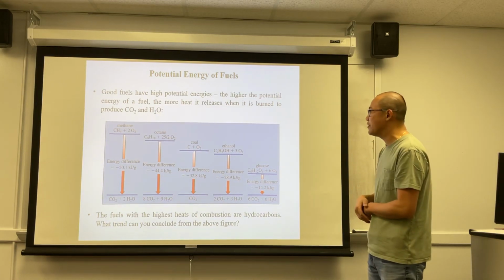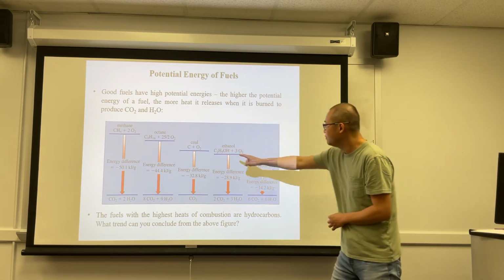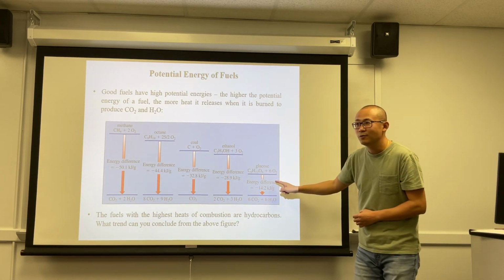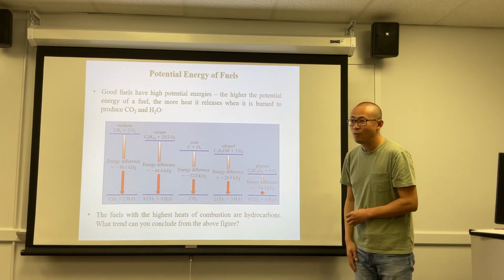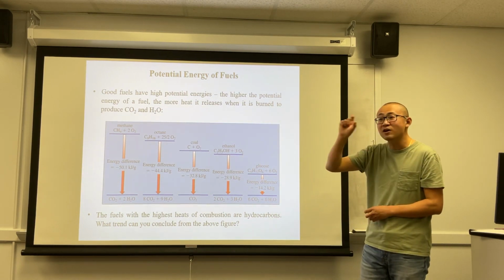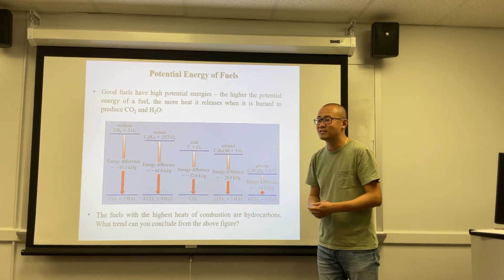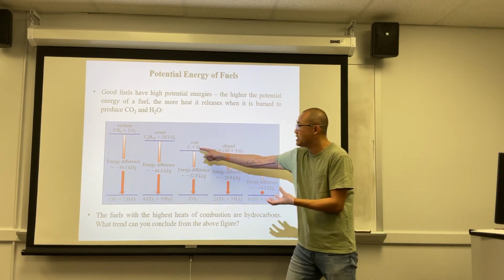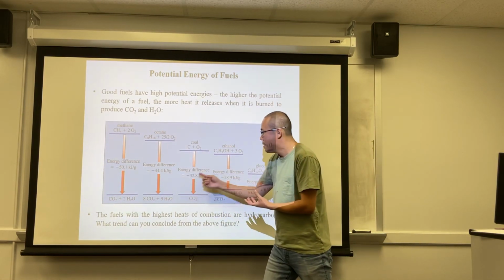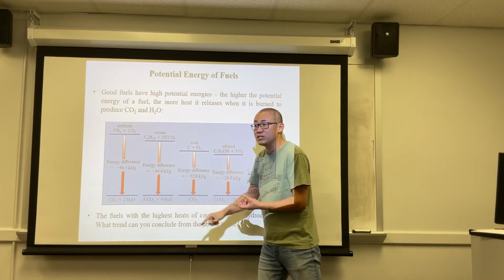Another thing we can find out is that if a fuel contains oxygen, like these two, their potential is lower. Why is that? If a fuel contains oxygen, these fuels are kind of already partially oxidized. Remember, combustion is when carbon and hydrogen bind with oxygen.